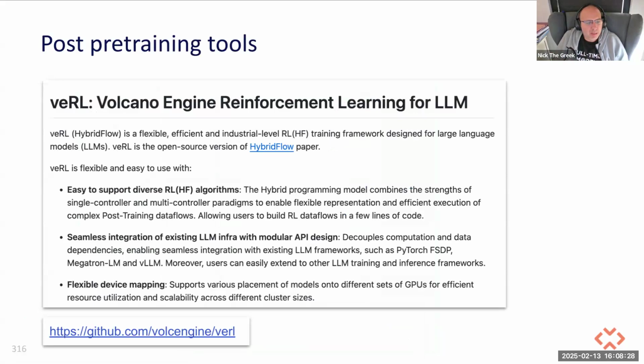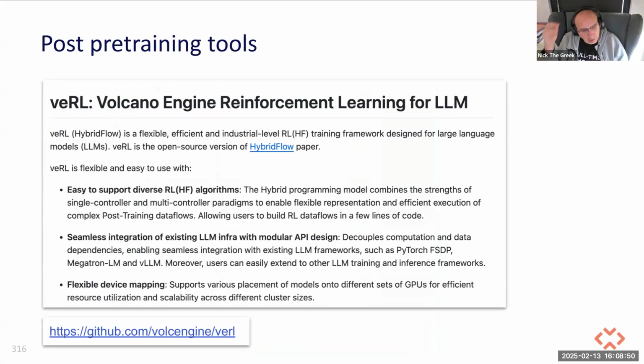Now we're shifting gears. This is another tool. It's interesting that everybody's looking at reinforcement learning because of DeepSeek, but it was already there, and don't forget that these are papers that were submitted almost a year ago, 8-9 months ago. This is an open source framework for doing reinforcement learning.